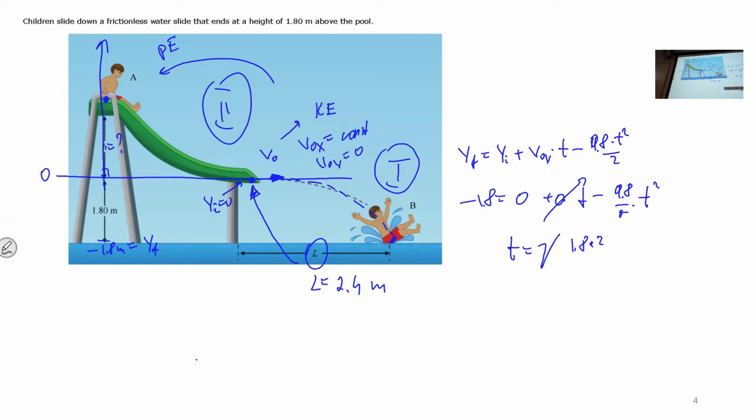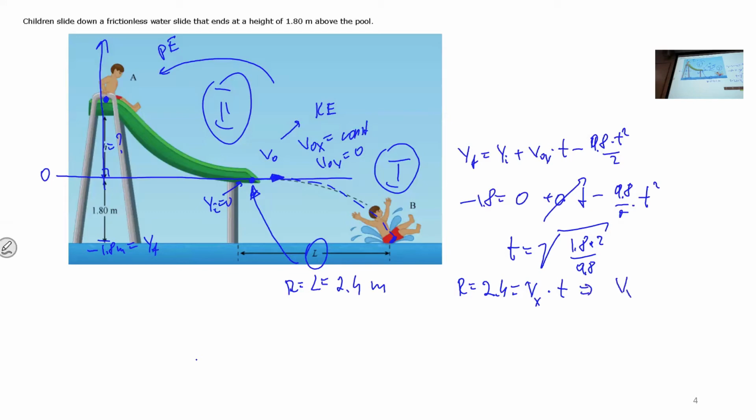t equals the square root of 1.8 times 2 over 9.8. And now, this is also, we call the range. The range R will be equal to 2.4 or whatever number you have, and has to be equal to initial x velocity times time.